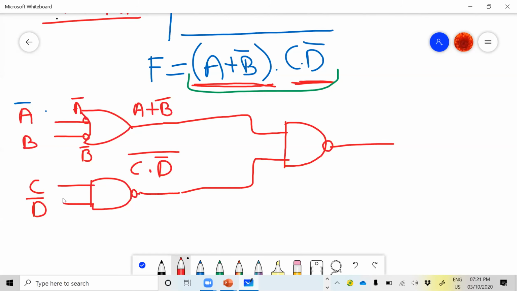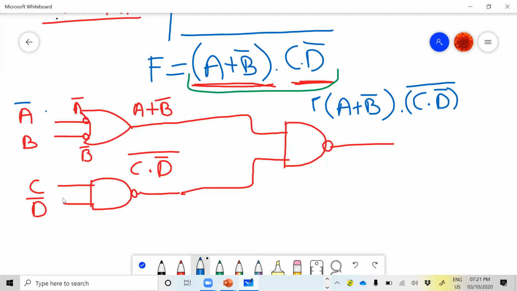So now what will I be getting at the output, can you tell me? A complement plus A complement, then dot B complement, C dot D complement dot whole D bar complement, whole bar complement. Then overall bar because of the bubble at this. Okay. Now, is this the same or is there some problem?